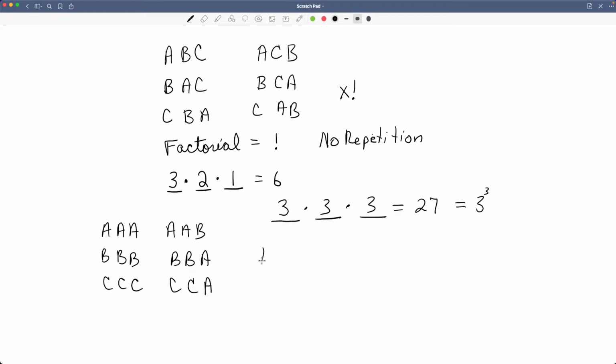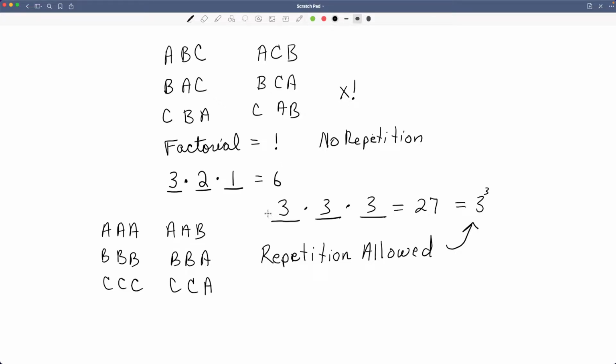So if repetition is allowed, then we just take the number of items, and that is our base, and then the number of positions available becomes the exponent. Okay, so if repetition is allowed, then we use exponents.